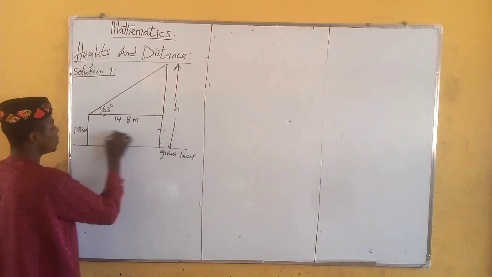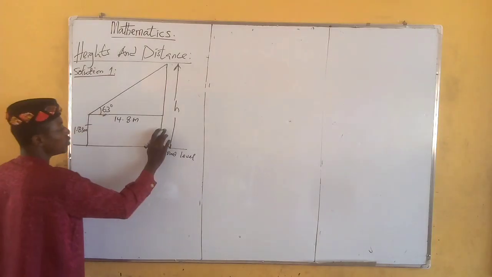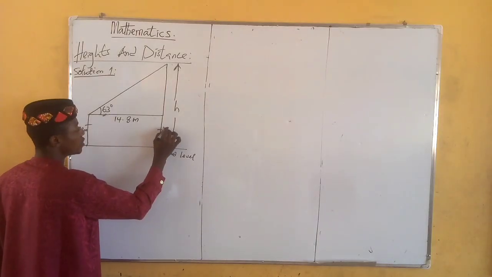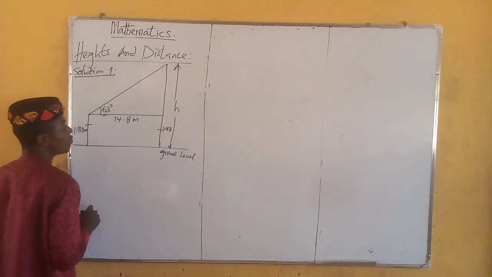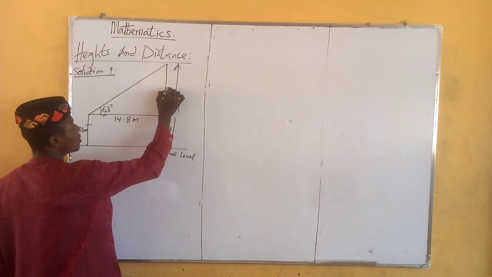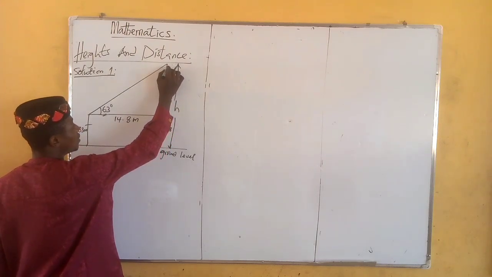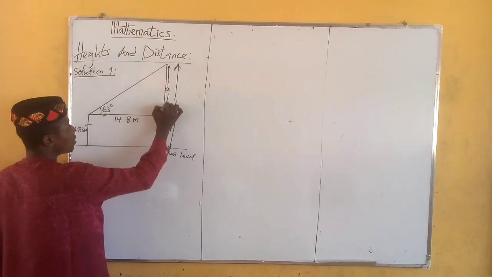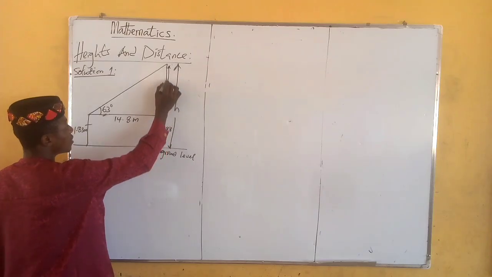But remember, this place is equal to this, so these small spaces are 1.83 meter. The first thing we will find is here, let's say from here to this place is x.